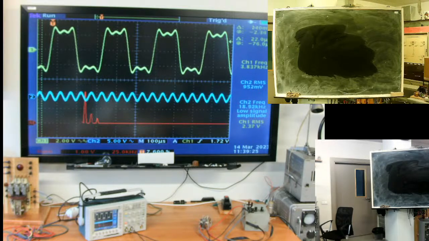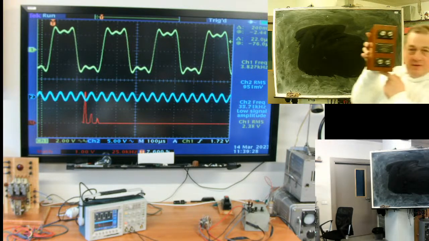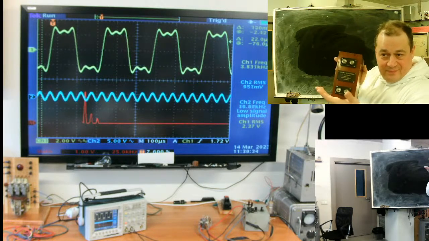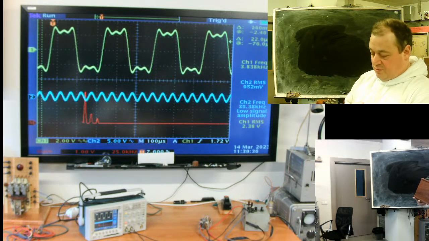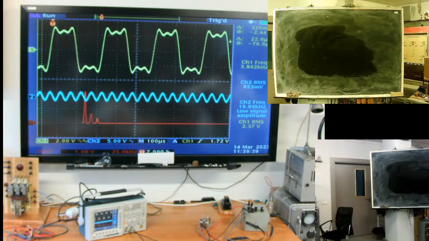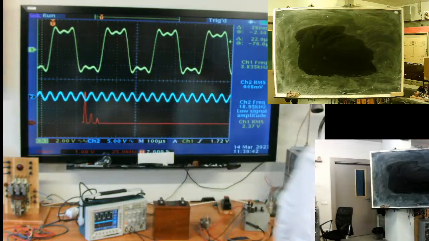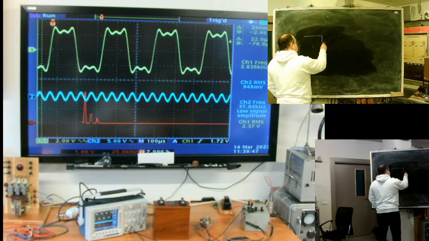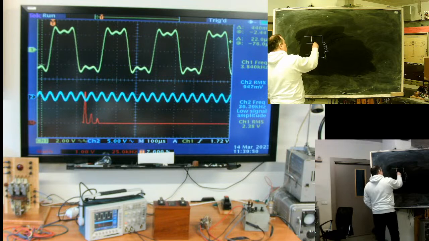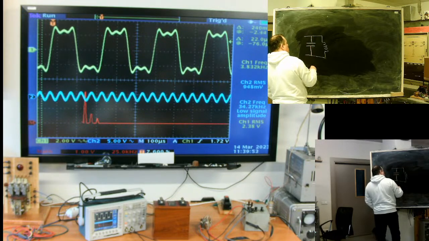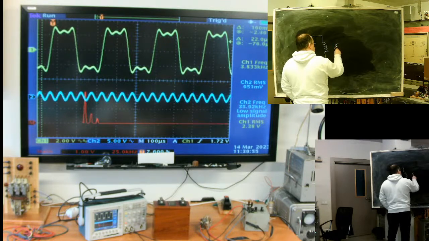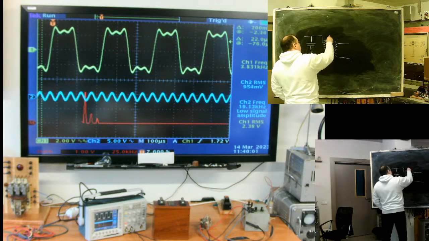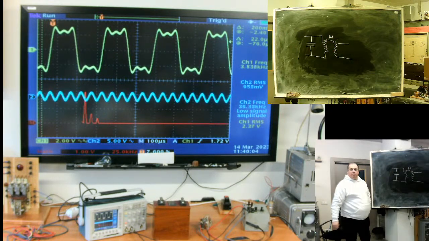I have this nice box. It reads mutual inductance, 10 millihenries. Let's try to see what happens when coupled by mutual inductance.